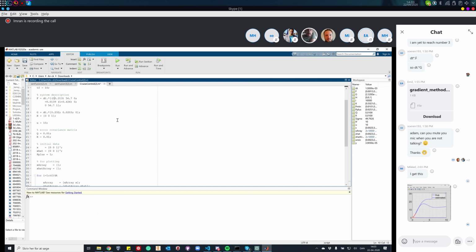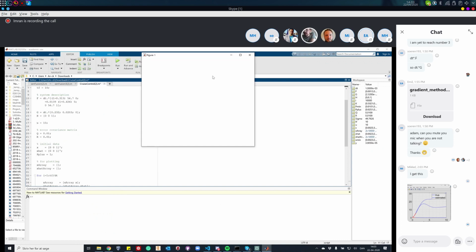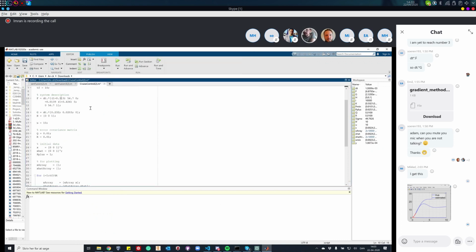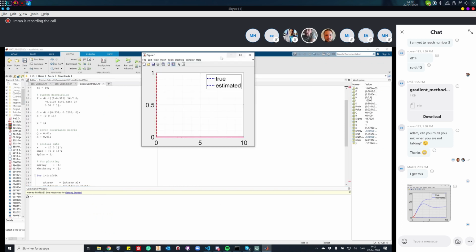Especially I don't get why it goes back. So it's estimating for a while. Try 1 as control. But I was still checking the for loop. I think there is something wrong there.